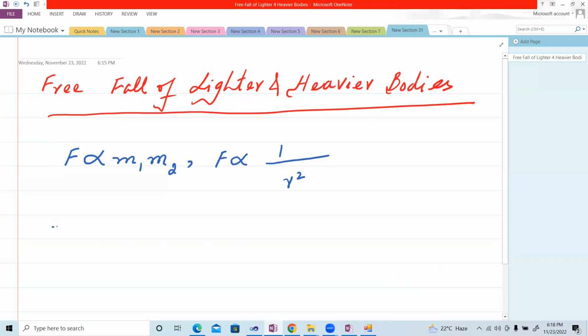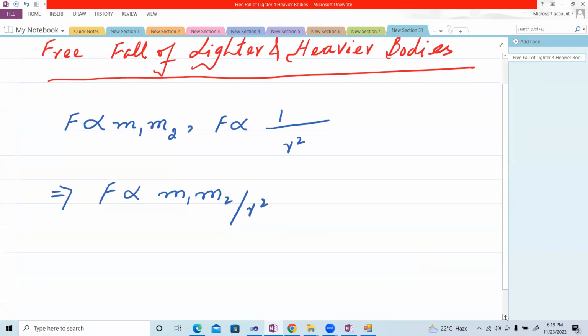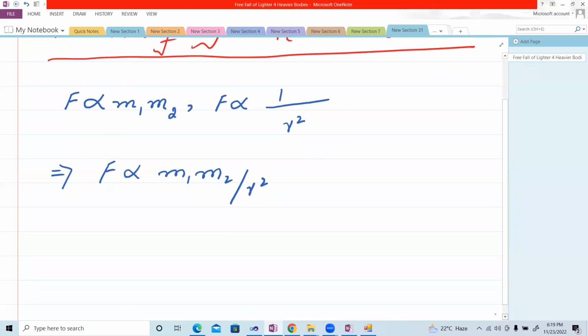And by combining these two proportionalities, we get a composite proportionality: F is proportional to M1 M2 over R square, right? And here we can finish the proportionality symbol by involving the constant of proportionality.